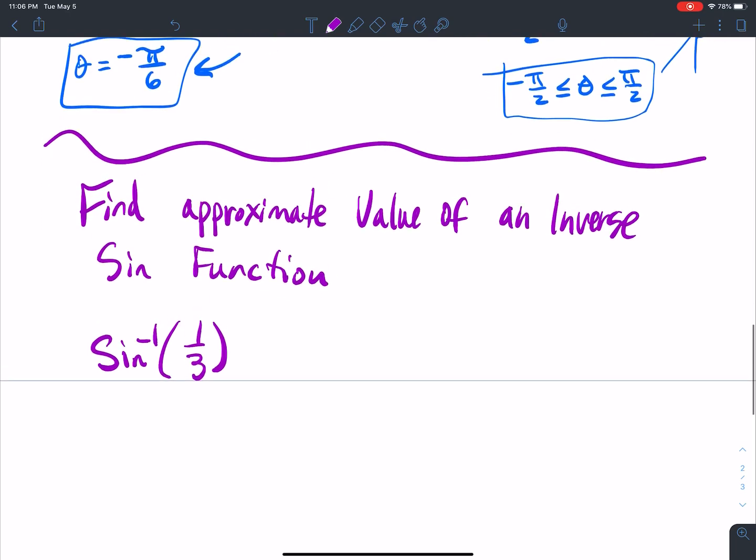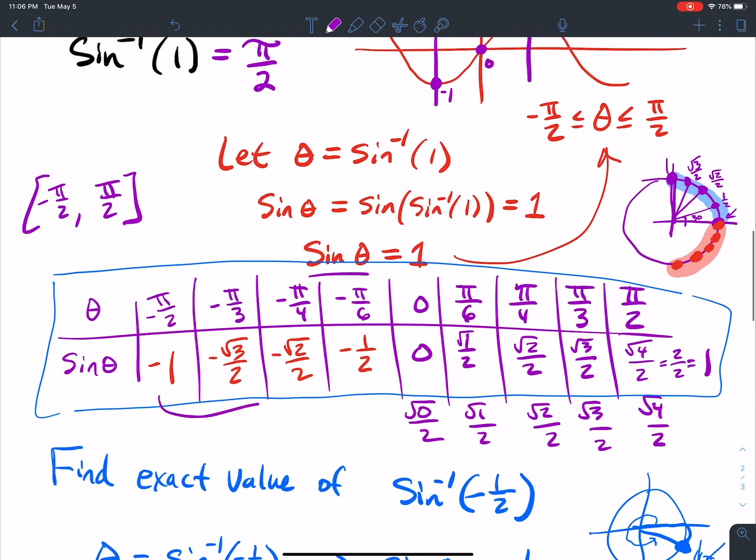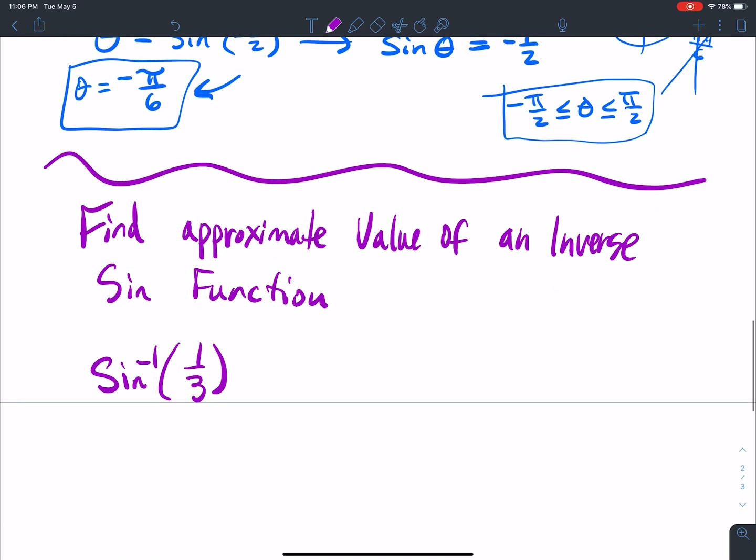This isn't one of those special values. We don't have something in our table that's equal to 1/3, do we? So we need a calculator, unless you're going to take Cal 2. In Cal 2, I'll teach you how to do this by hand, but until that point, you're going to need a calculator to do this.